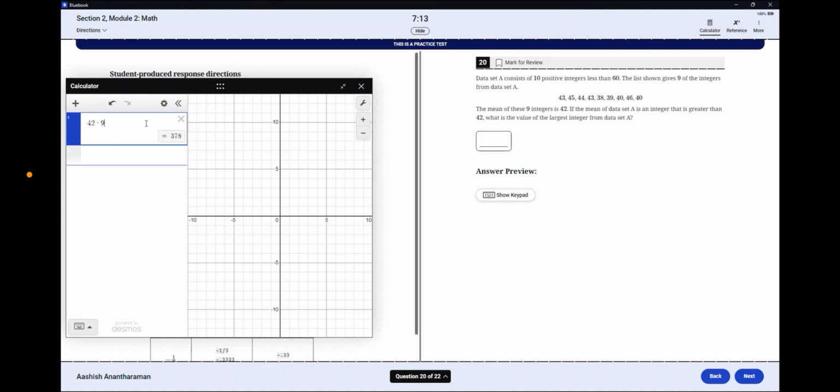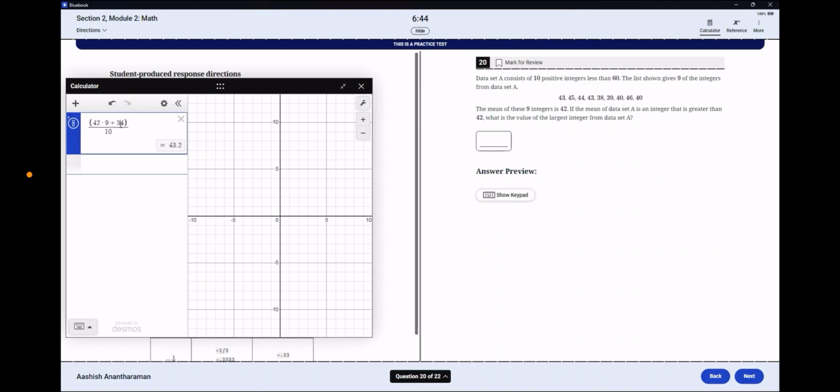Okay, so ten positive integers that are less than 60, and you have a mean that is greater than 42. So I'm going to just try a random number here, for example. Okay, so we know it has to be an integer.